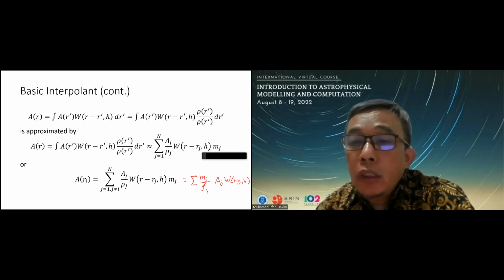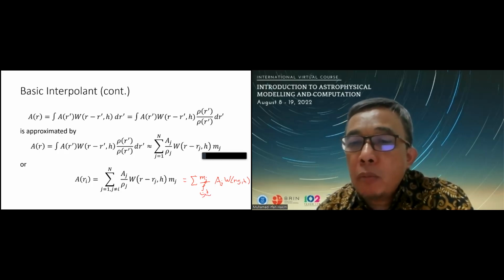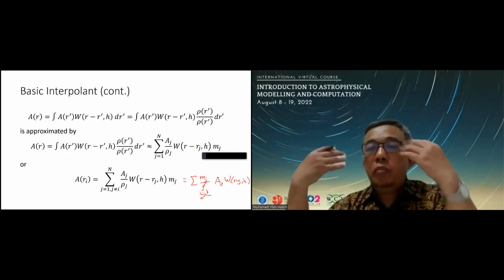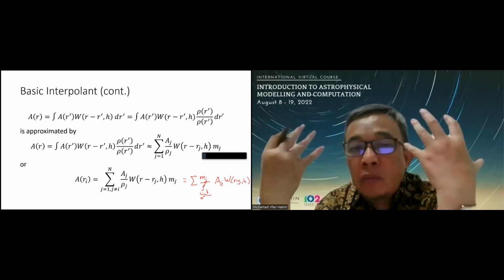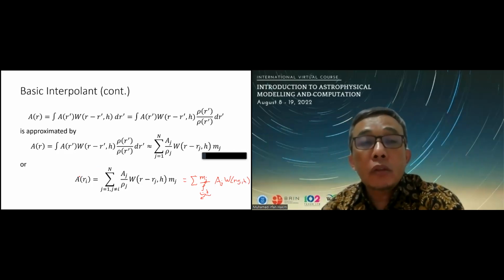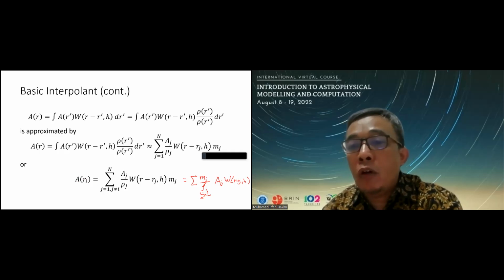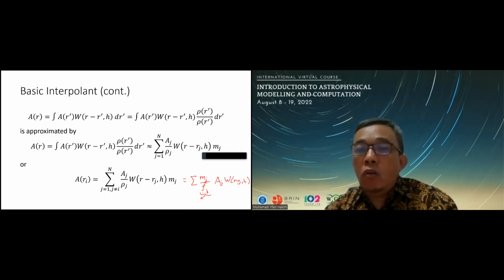So we use this value here as a prefix for our memory, how to express another calculation instead of A, for example. If we replace this A with B, we replace this A with B. But before we wrote m_j over rho_j.